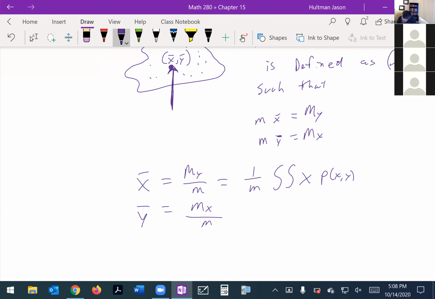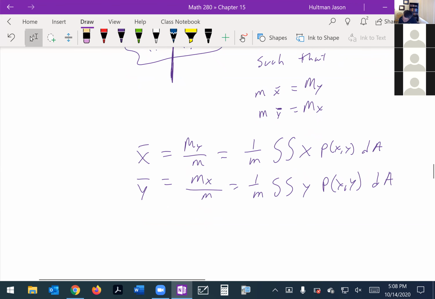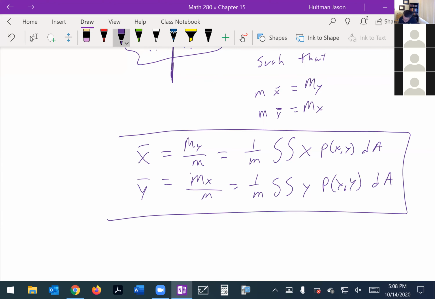So x bar goes with x, and y bar is 1 over M times the integral of y rho of xy dA. You can kind of get rid of this middle term, but just think of it in these terms: x bar is with respect to x, 1 over M, and y bar is with respect to y.